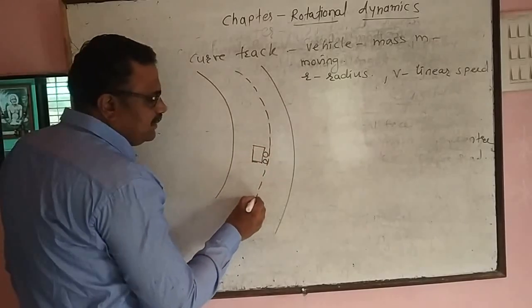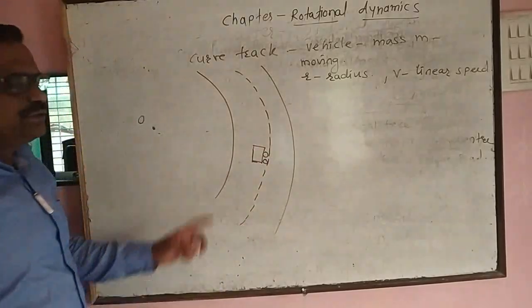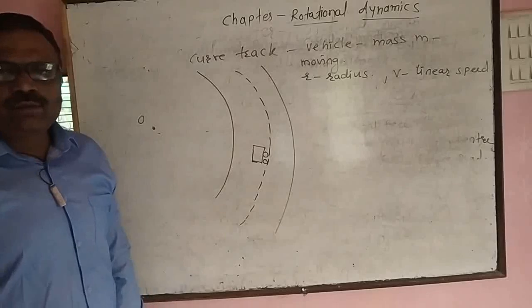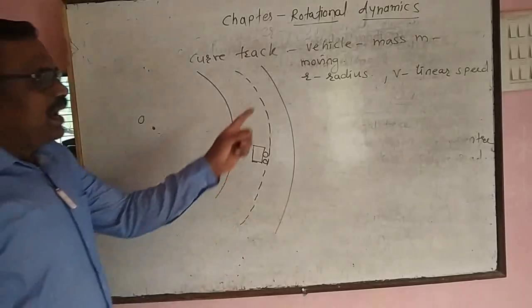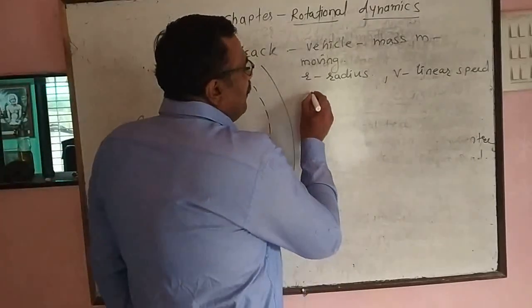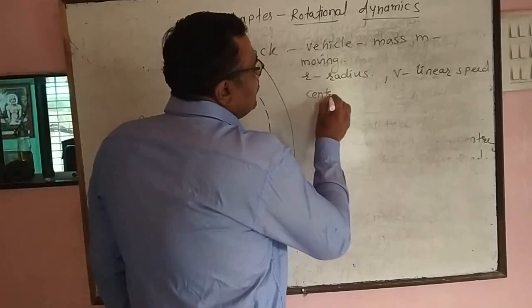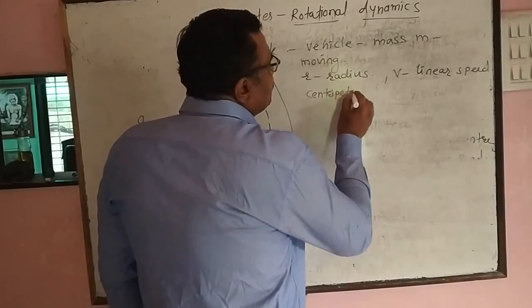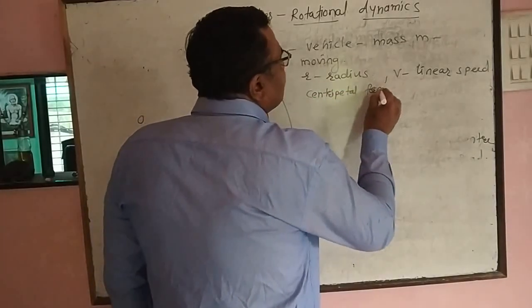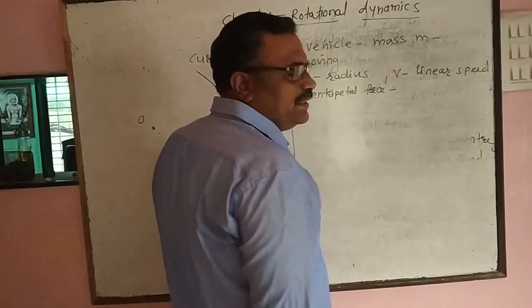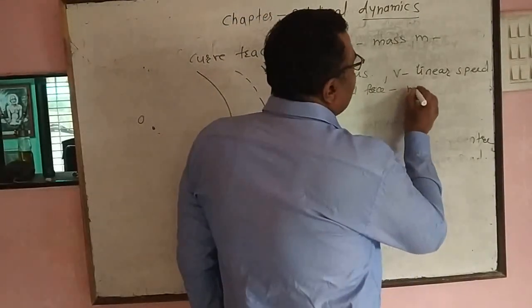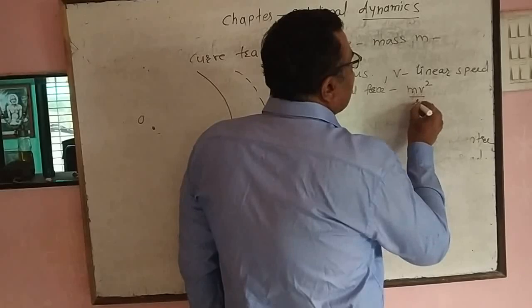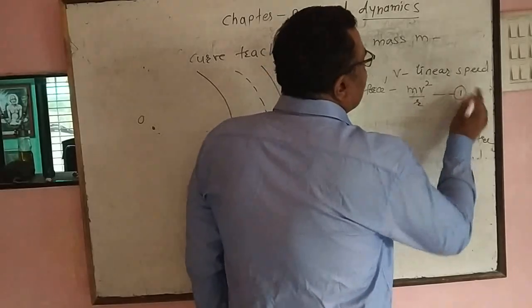When the vehicle is moving along the track, its motion is circular motion, and therefore for circular motion, centripetal force is very essential. Here centripetal force is given by the formula mv square upon r.